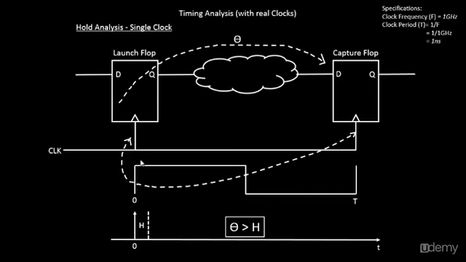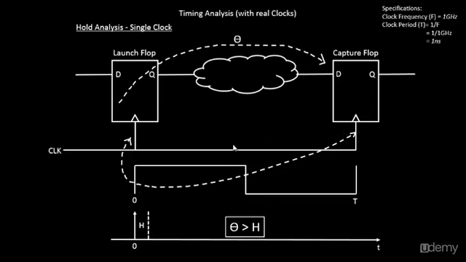In the setup timing analysis, we used to send the zeroth clock edge at the launch flop and the clock edge at time period T at the capture flop. In this case, we send the same edge, the edge at the zeroth clock period, at the launch flop clock endpoint and also at the capture flop clock endpoint, and then we do the analysis. This is a different kind of analysis compared to setup, where the same edge is being sent to the launch flop and the capture flop.